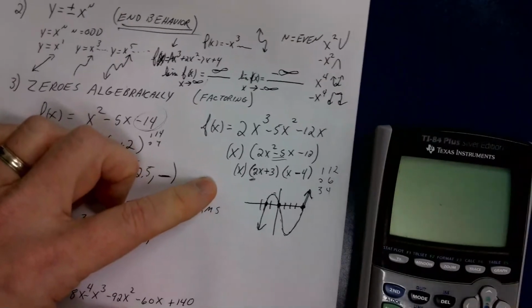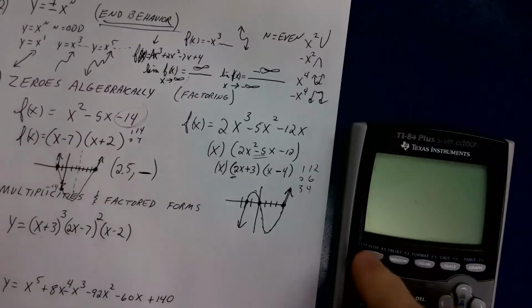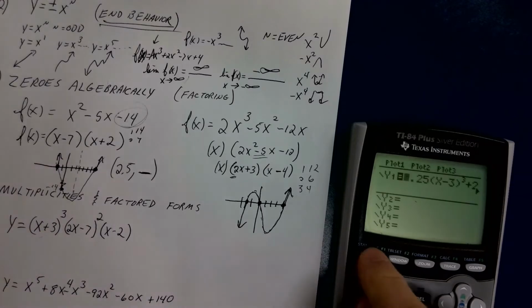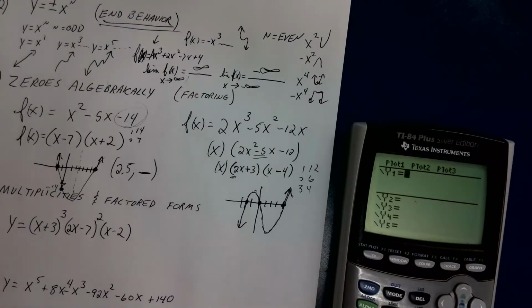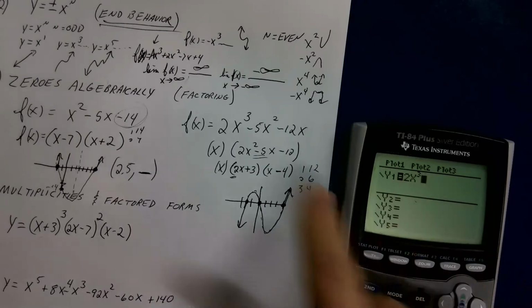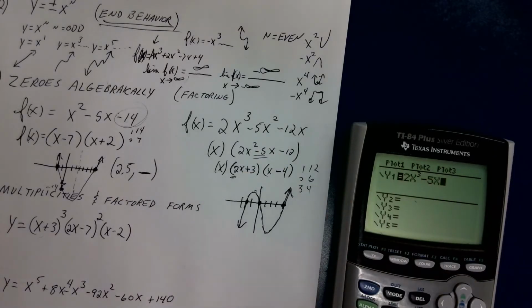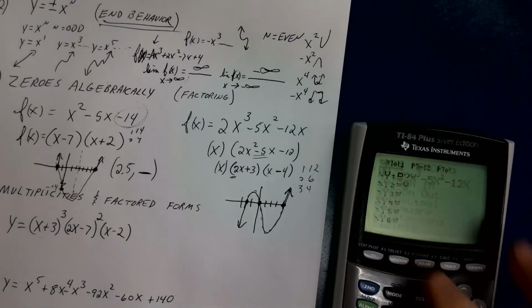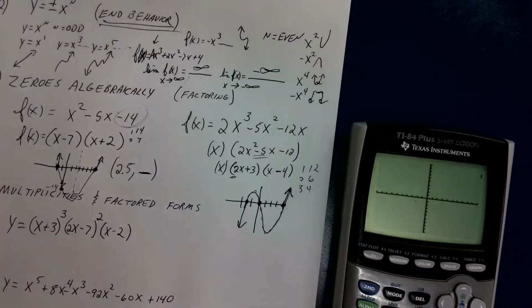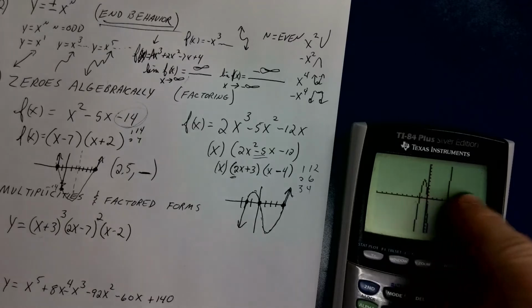So let's do this together this time and make sure that we are in agreement. I'm going to go on, y equals, clear. And then I got 2x to the third minus 5x squared, and then minus 12x. And zoom 6 it, cross my fingers, and I'm going to look carefully right there.